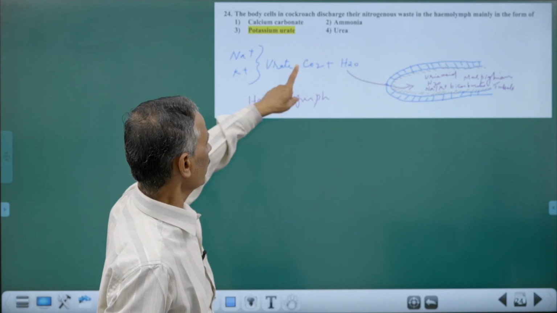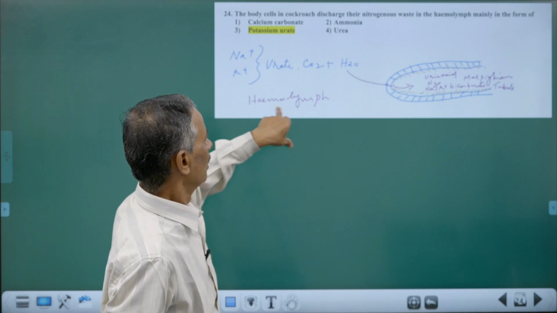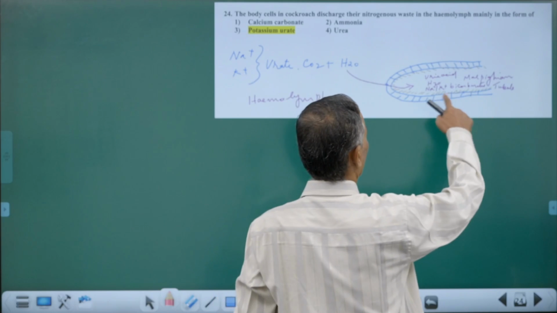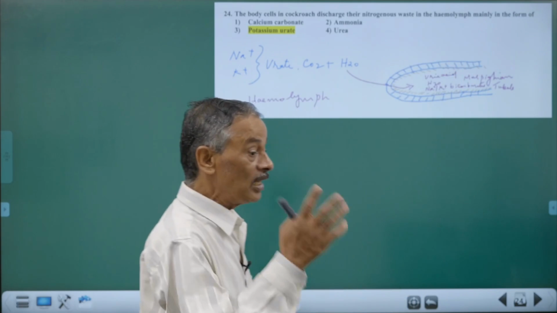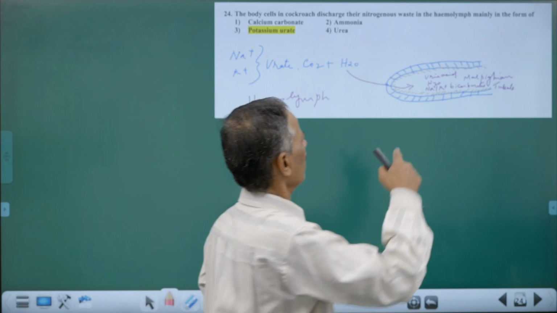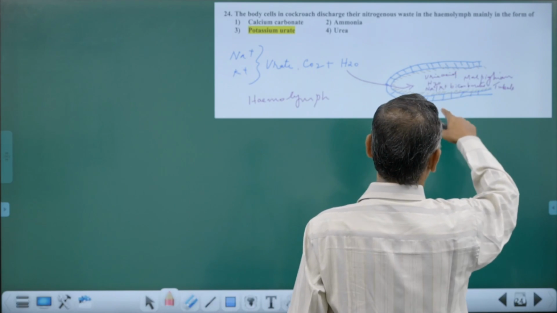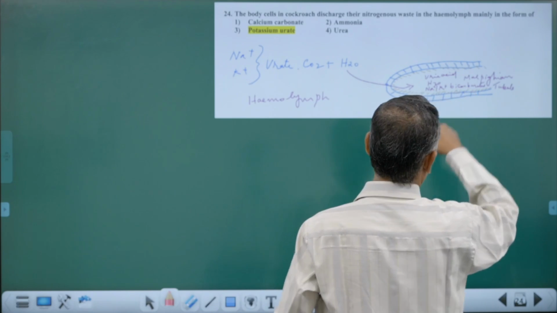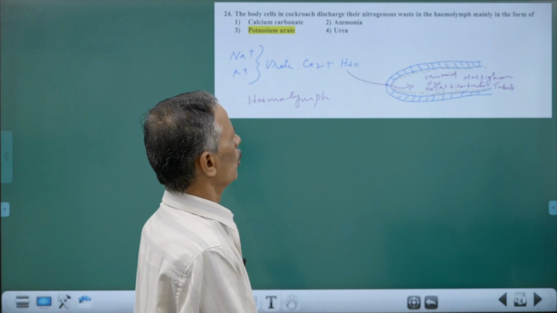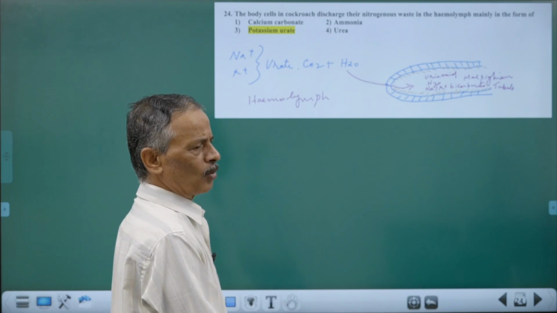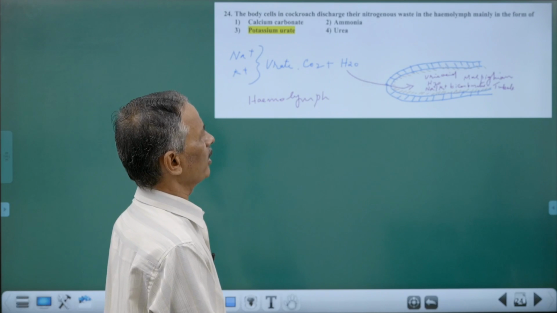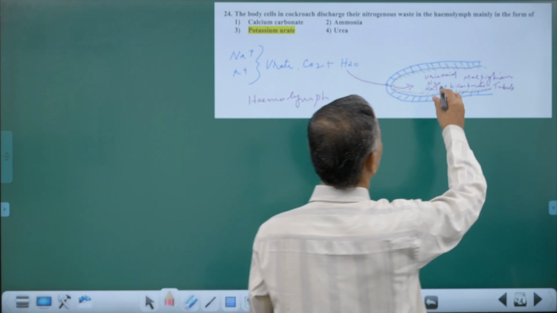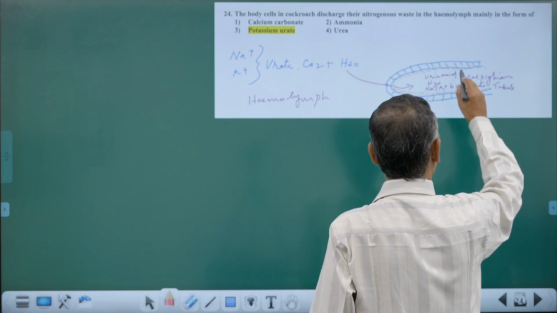Now, the cuboidal and ciliated cells will absorb them and convert them into uric acid, water, sodium and potassium bicarbonate. Mainly the potassium urate will be converted into uric acid.